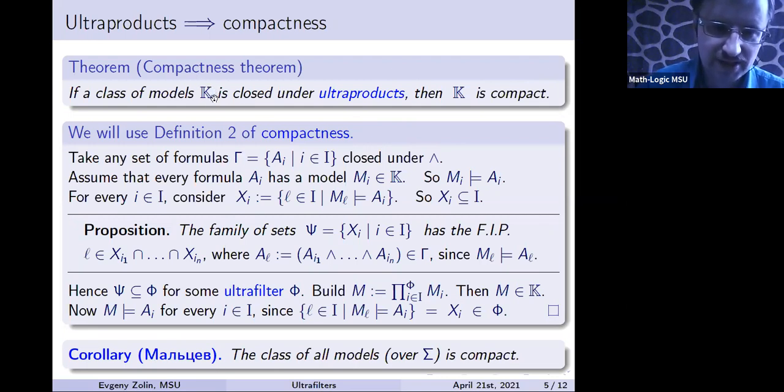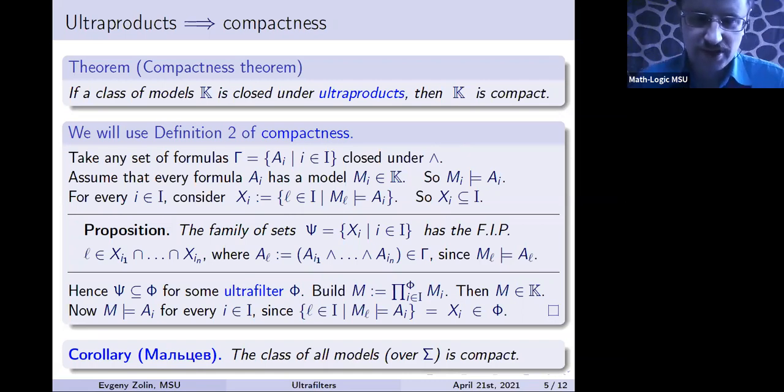So for example, take K to be the class of all models. Of course, it is closed under ultraproducts. If we have many models, then the ultraproduct is again a model, again a structure. It's trivial. So the premise is trivial, and we obtain simply that the class of all models is compact.